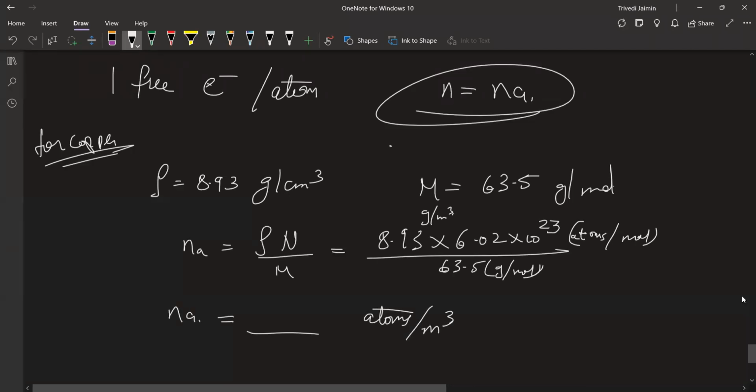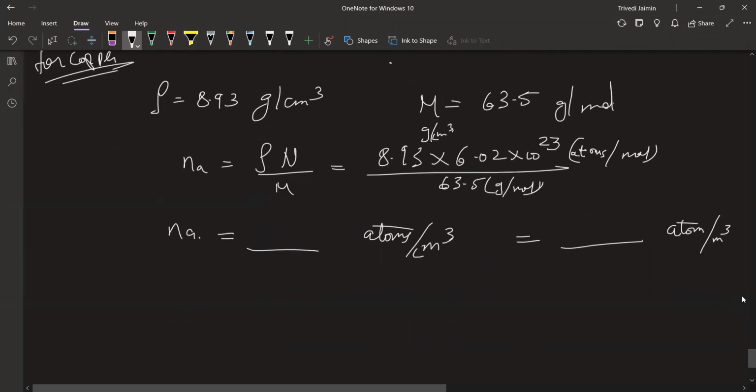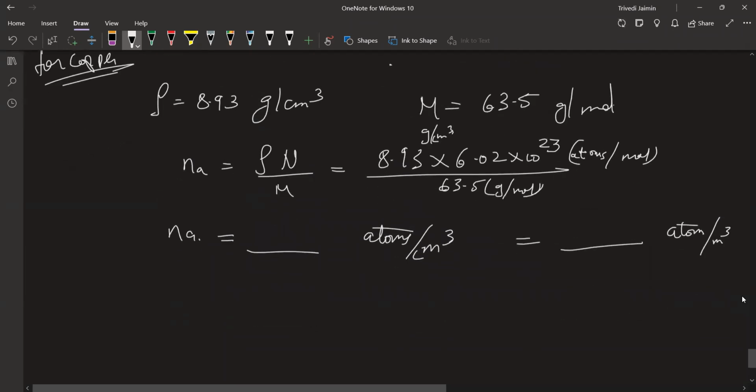This is your N. Then we'll convert this into atoms per meter cube. Okay, you calculate and tell me. Till then, I'll just proceed. What shall we do next?